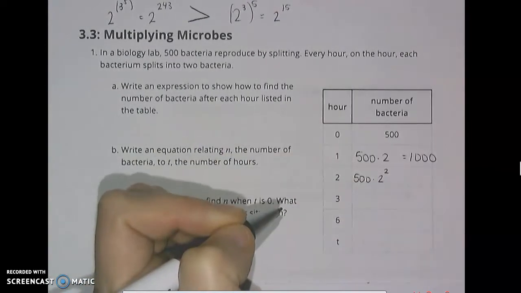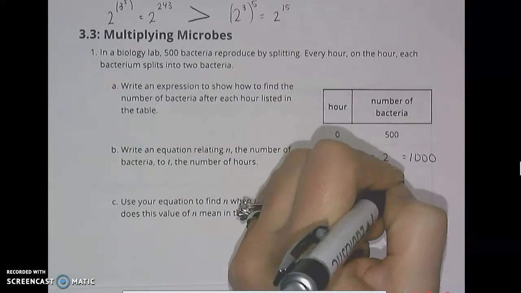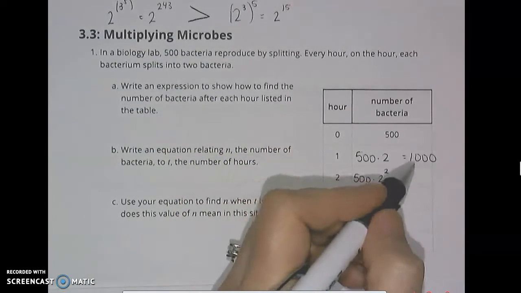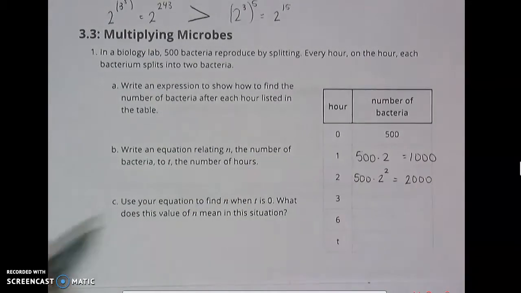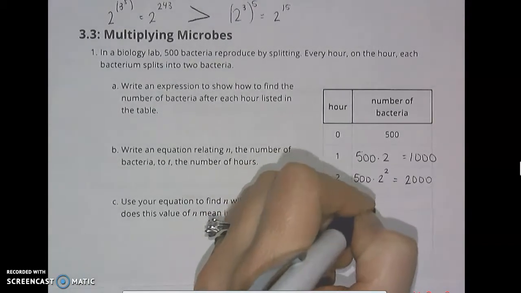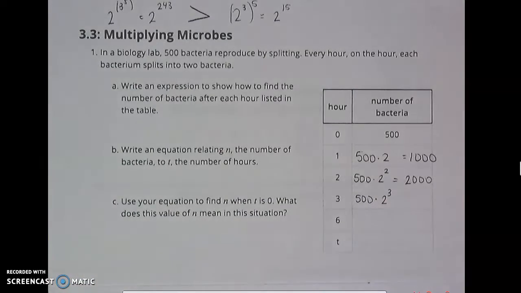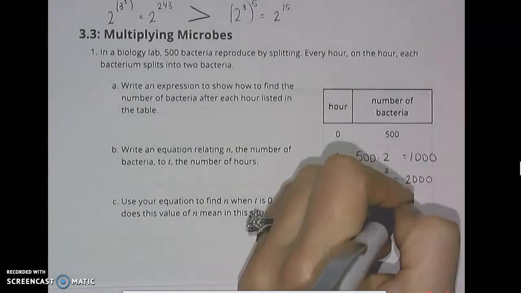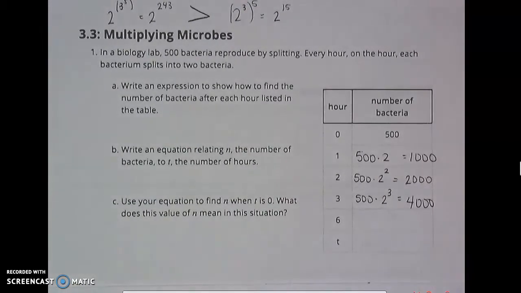So now we have 500 times 2 squared, because 2 times 2 is 2 squared. So we take our 1,000, we double it again, and we're at 2,000 bacteria. After 3 hours, we have our 500, and we're multiplying it by 2 to the 3rd power. Again, we doubled it 3 different times because of the 3 hours, which means after 3 hours, we would have 4,000 bacteria.